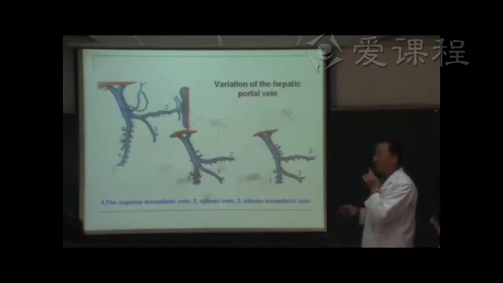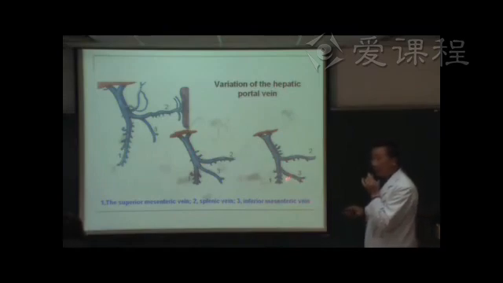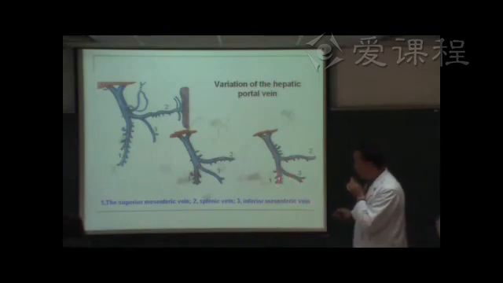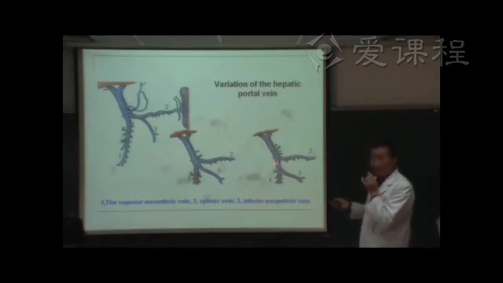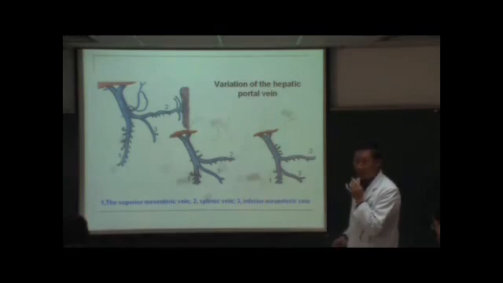And in another case, the inferior mesenteric vein first joins the superior mesenteric vein and then joins the splenic vein to form the hepatic portal vein. Different types.